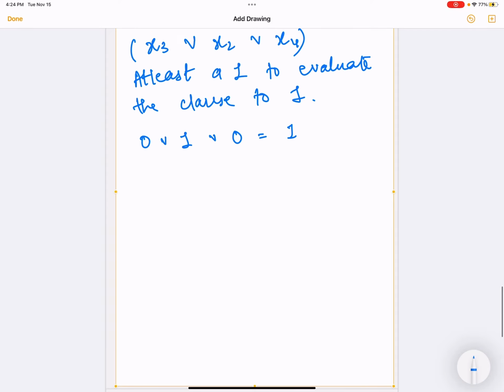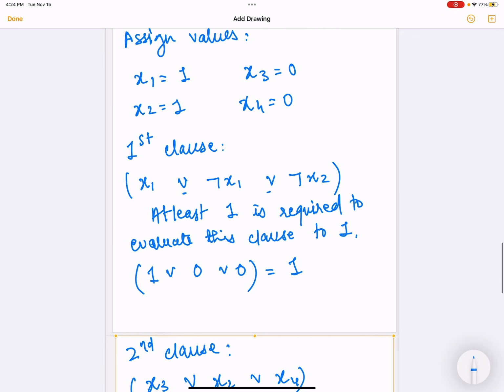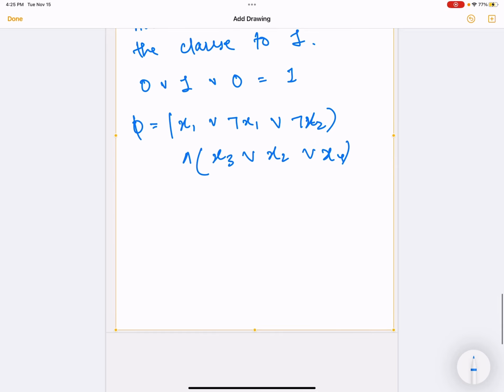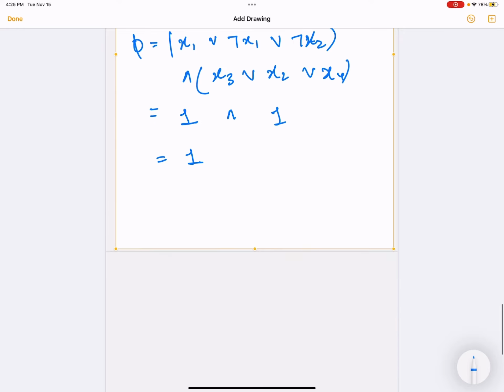Now if we put the values in the clause, so our formula was x1 or negation of x1 or negation of x2, and x3, x2, x4. So now first clause is 1 and 1, which is 1.